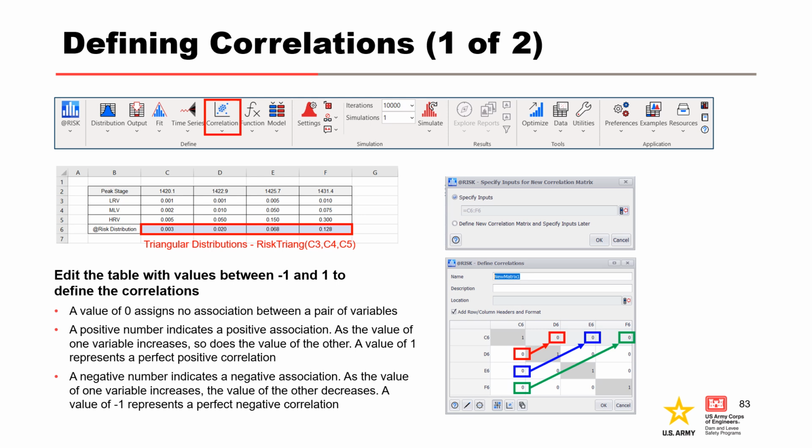The same two cells are represented on the other side of the diagonal, so both cells outlined in red will always have the same value, as will the ones in blue and green. Again, the table values can be anywhere from -1 to 1, but for our purposes, they will usually all be 1s because most frequently during risk calculations, we are correlating variables to ensure consistent percentile sampling.